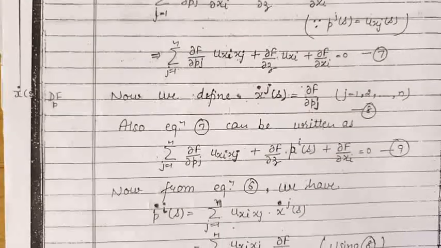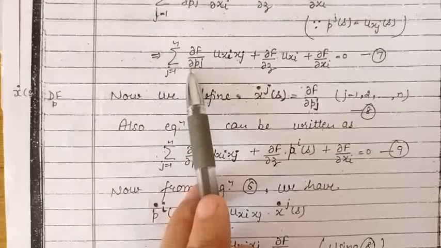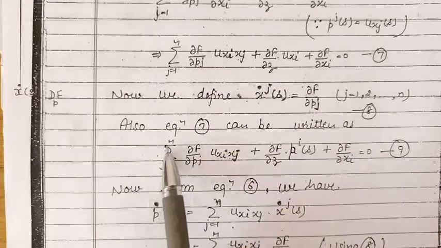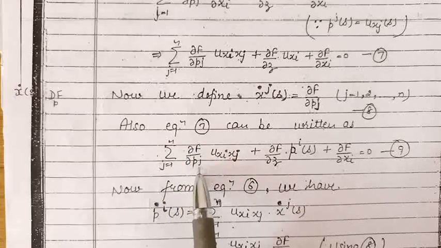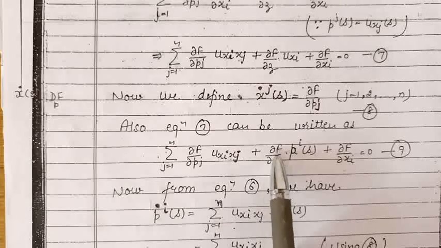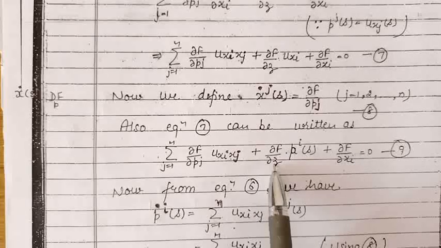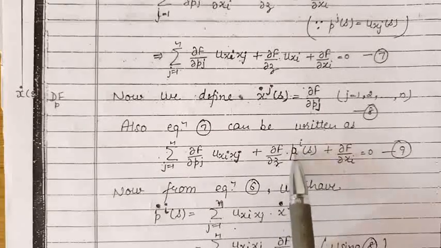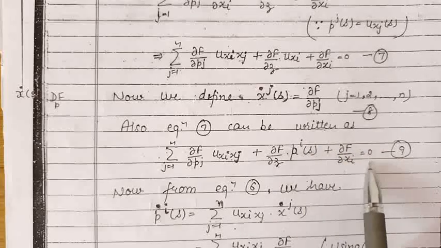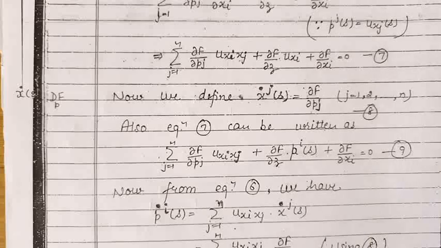Now, this equation can be written as summation j varies from 1 to n curl f by curl pj into u xi xj, plus curl f by curl z into the value of u xi, which is pi, plus curl f by curl xi is equal to 0.